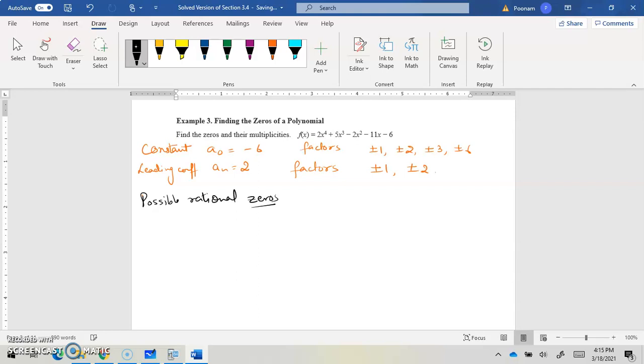They would be either plus minus 1 by 1, plus minus 1 by 2, plus minus 2 by 1 will be 2, plus minus 2 by 2 will be 1, which we already wrote, plus minus 3 by 1, plus minus 3 by 2, plus minus 6 by 1, or plus minus 6 by 2 will be plus minus 3, which I already wrote. So these are all the possible rational zeros.